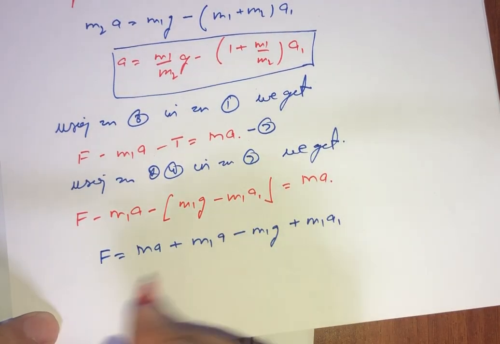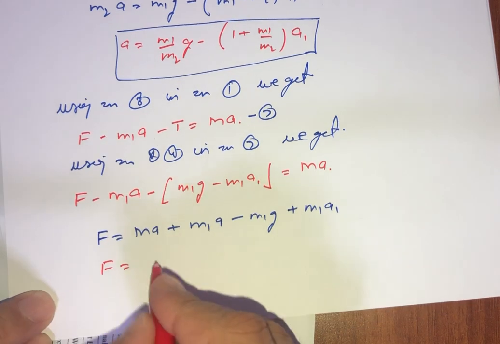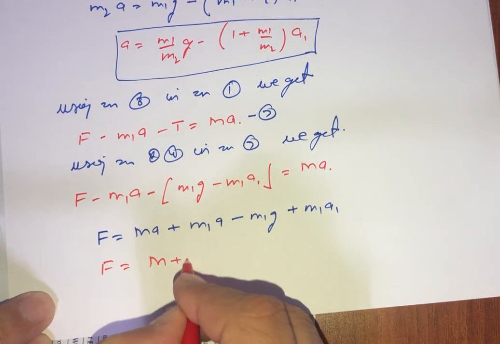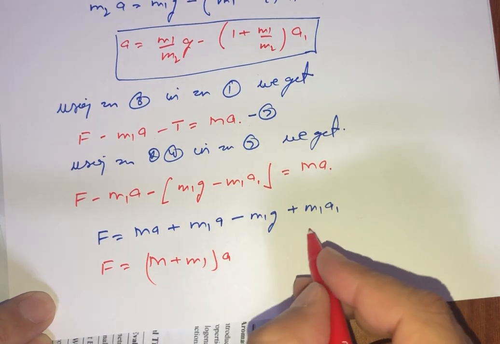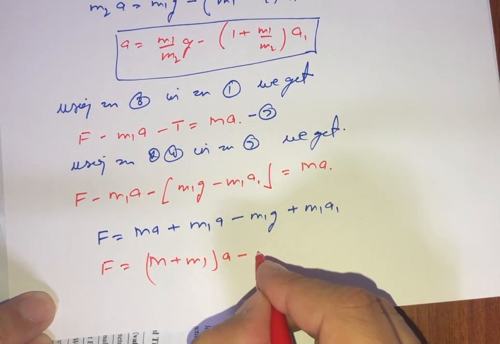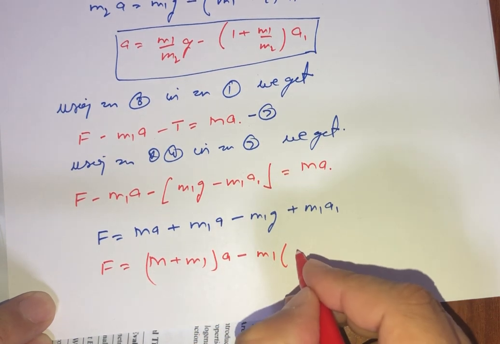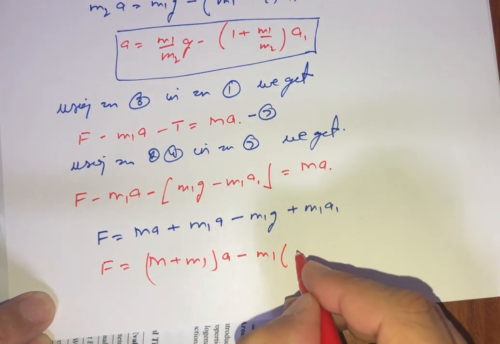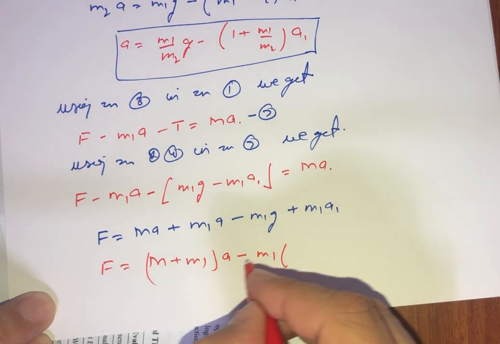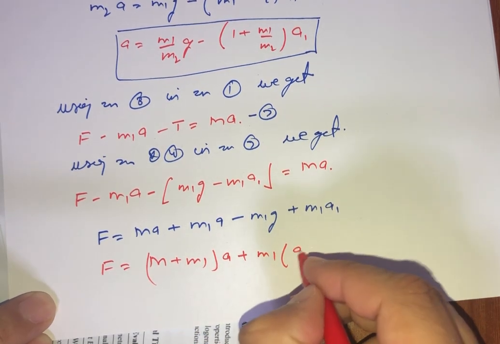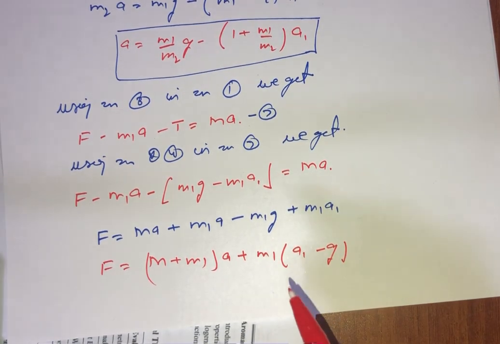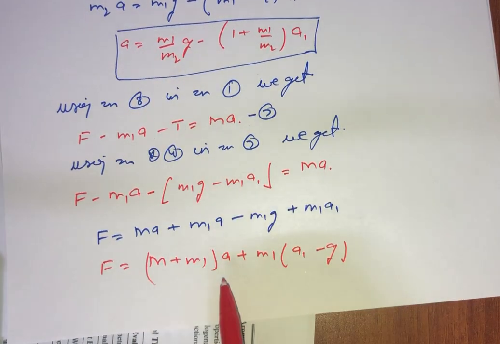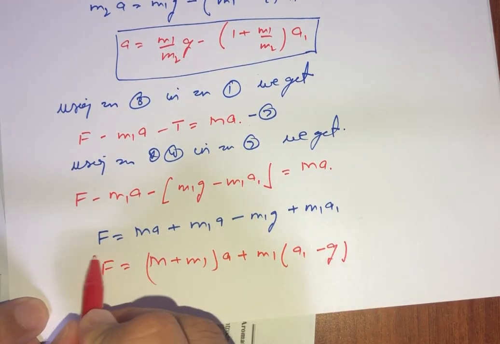We can combine the like terms if required, so F will be equal to (M plus m1) times a, plus m1 times (a1 minus g). If required we already know the value of a, we can put it here and further solve it, otherwise this will be our final answer.